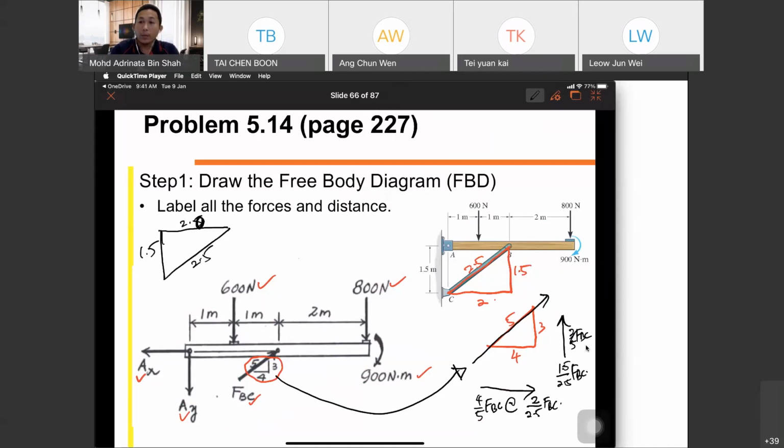Theta is equal to tangent inverse of 2/1.5. So you get your theta in degrees, and you can use it for your x and y directions in degrees. No problem.